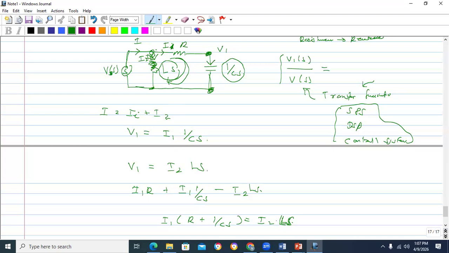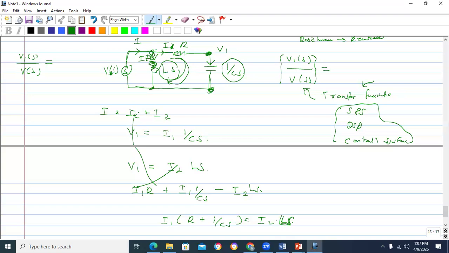Can anyone tell what is V1 divided by Vs? You do not need this equation; without the equation you can tell the value of V1 divided by Vs. I told you that, no, this resistor is there.